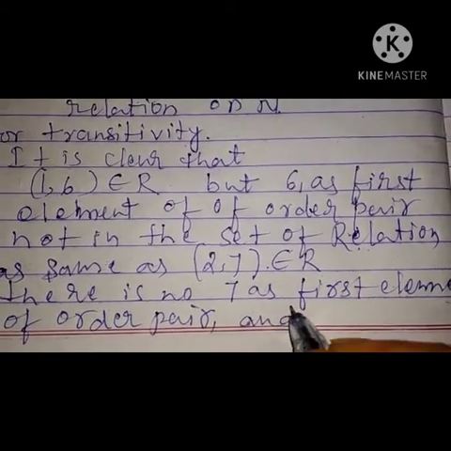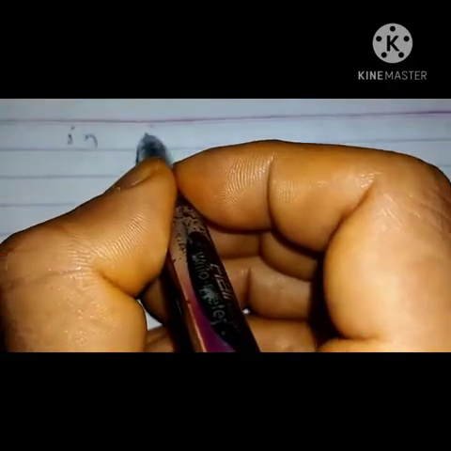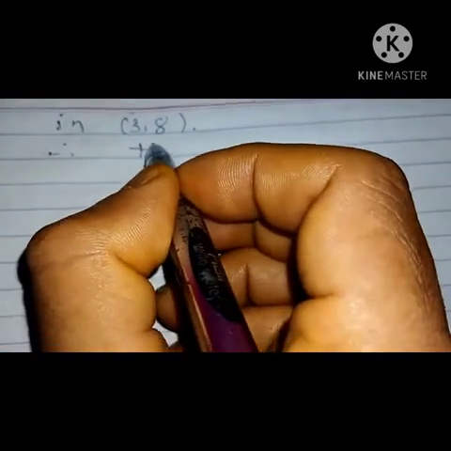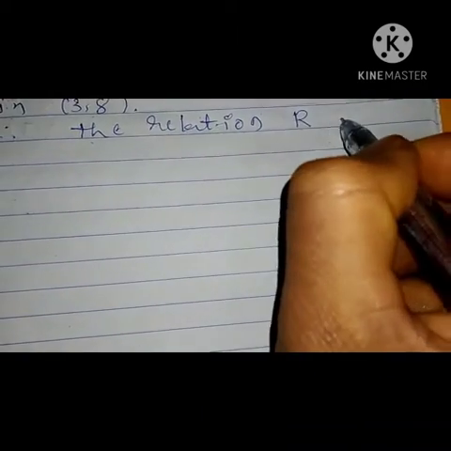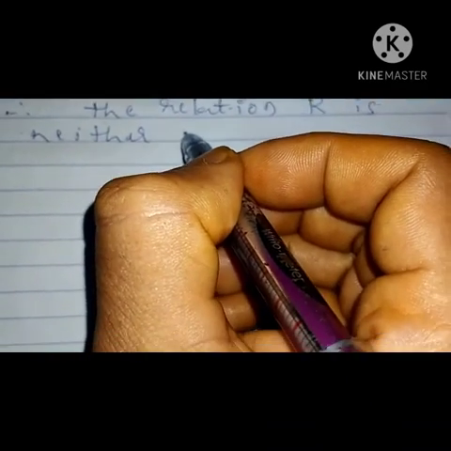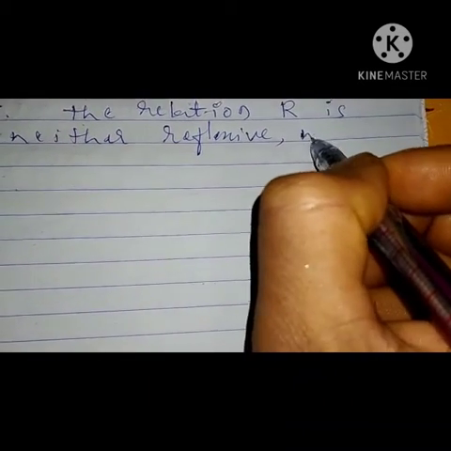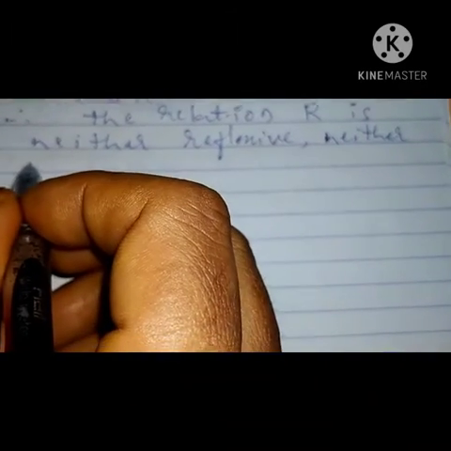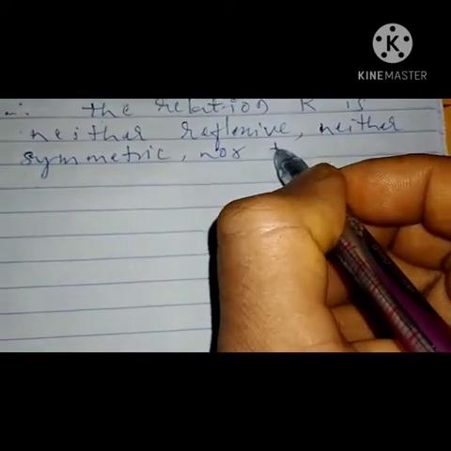And also in (3, 8). Therefore the relation R is neither reflexive, nor symmetric, nor transitive.